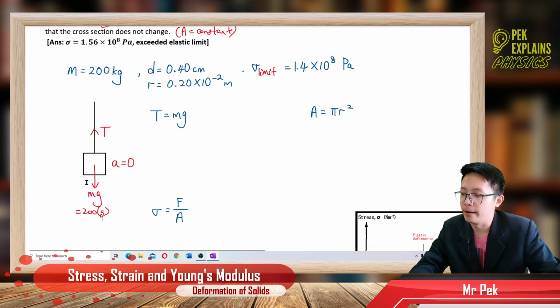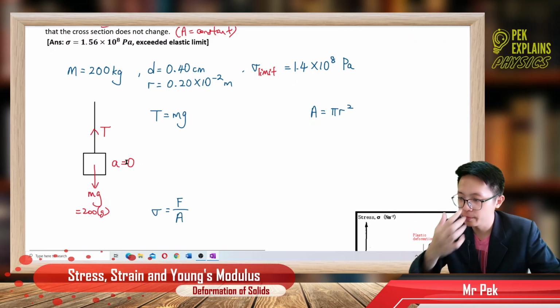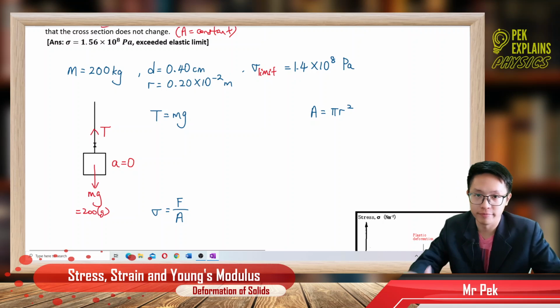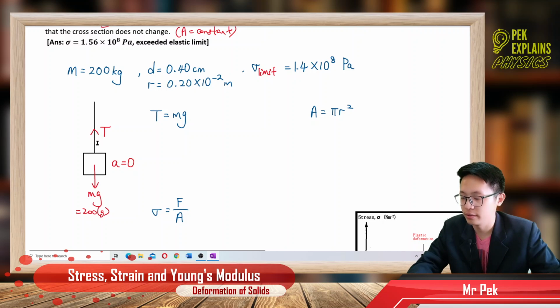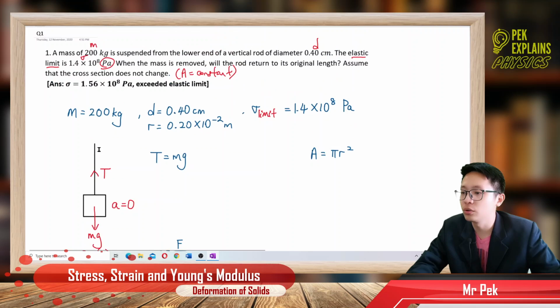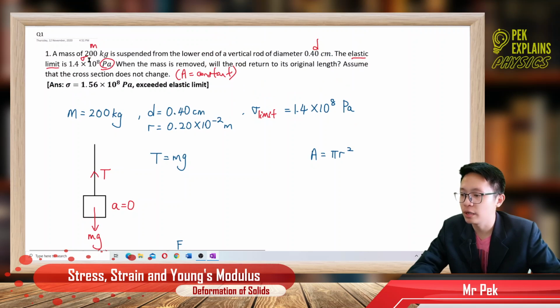It is stationary, so acceleration is 0, and the force that exists in the rod is the tension. So this is the information given: the mass, the diameter of the rod, and the elastic limit, or we call it the stress limit, 1.4 exponent 8.